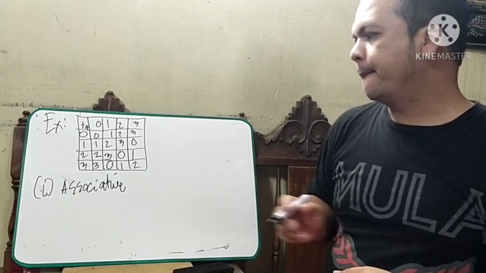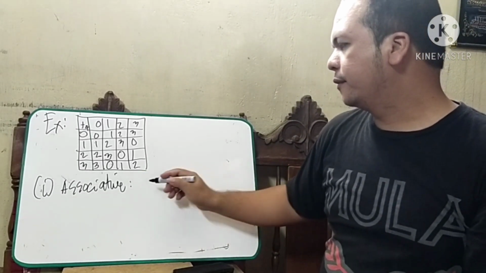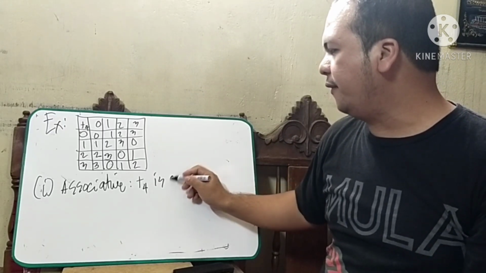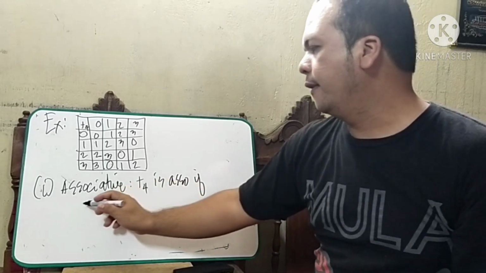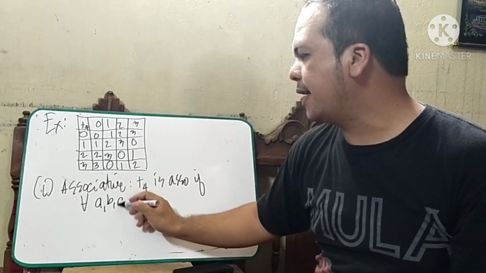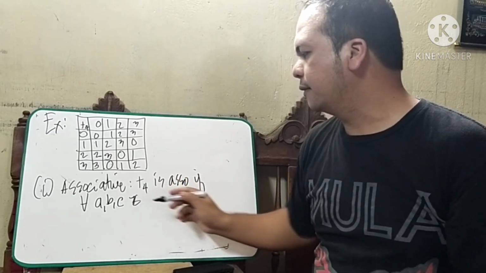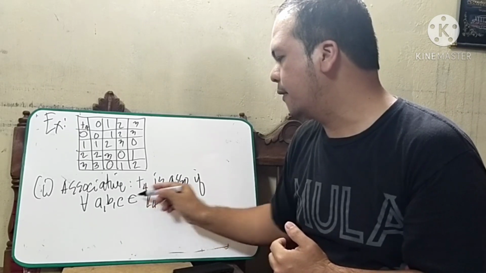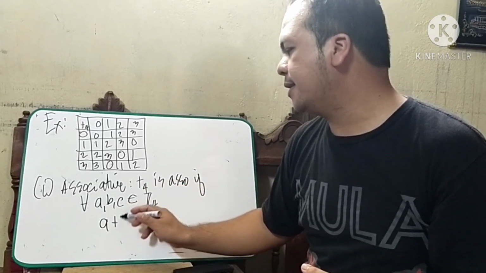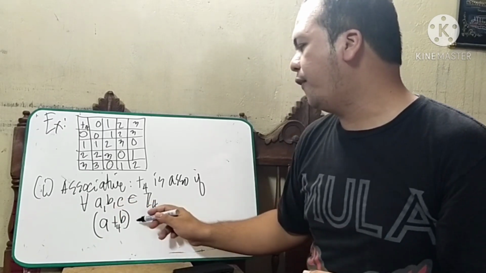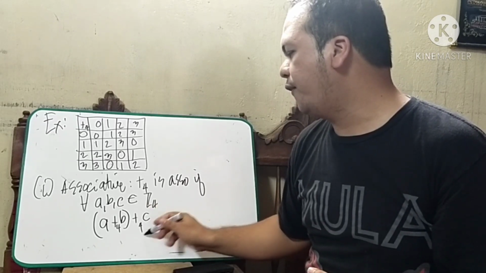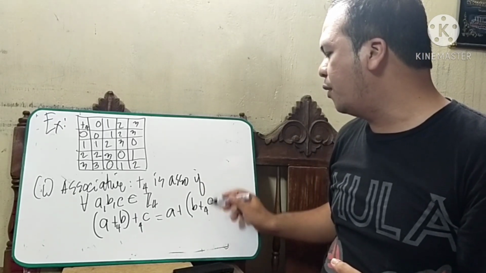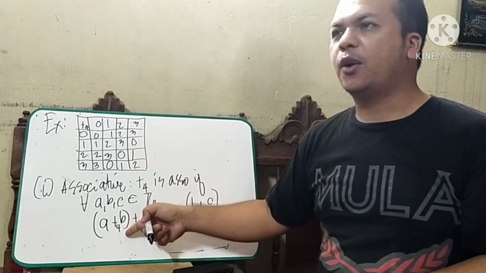So this binary operation is associative if for all A, B, and C elements ng Z sub 4, we have the quantity A plus B modulo 4, plus C modulo 4, is equal to A plus the quantity of B plus C modulo 4. Okay? So, kailangan ito is equal to dito.